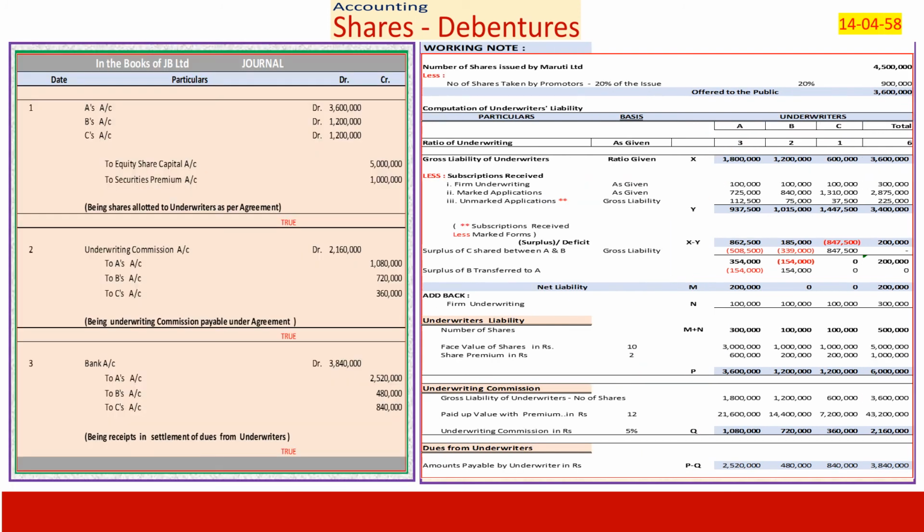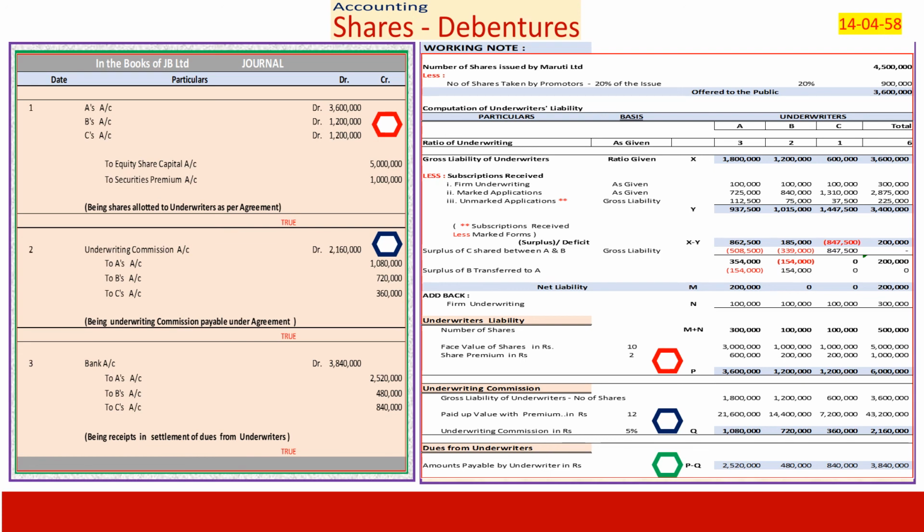We have to just make the journal entries. First entry is for allotment of shares to brokers to the extent of 60 lakh rupees or 5 lakh shares. A's account, B, C in the ratio of their liability 36, 6, 12 and 12. Second, they are eligible for a commission of 5%, 10,80,000, 7,20,000 and 3,60,000. Underwriting commission account debit to ABC.